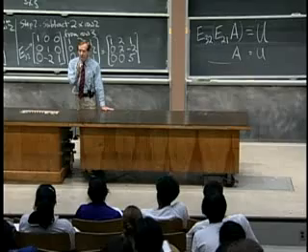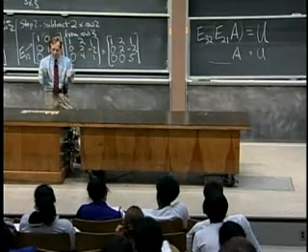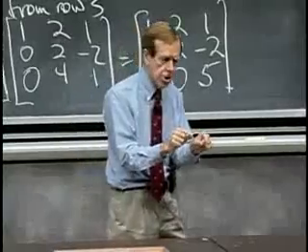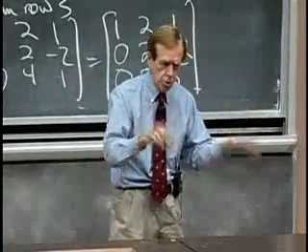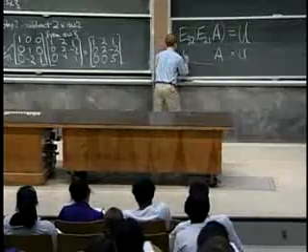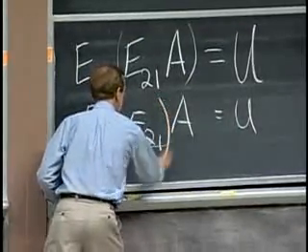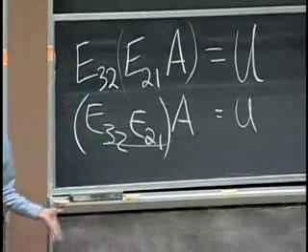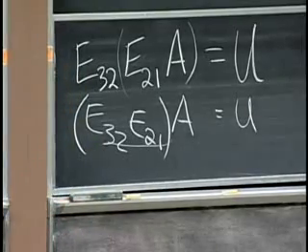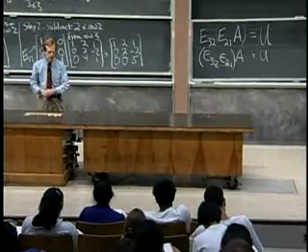If I keep the matrices in order, I can't mess around with the order of the matrices, but I can change the order that I do the multiplications. I can multiply these two first. In other words, you see what those parentheses are doing? It's saying multiply the E's first, and that gives you the matrix that does everything at once.